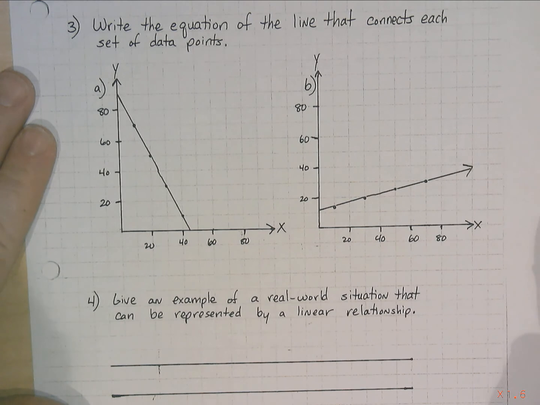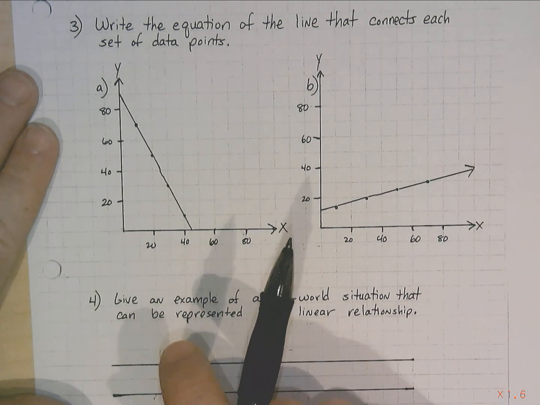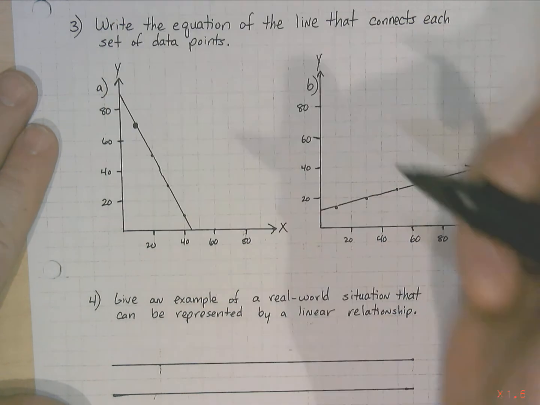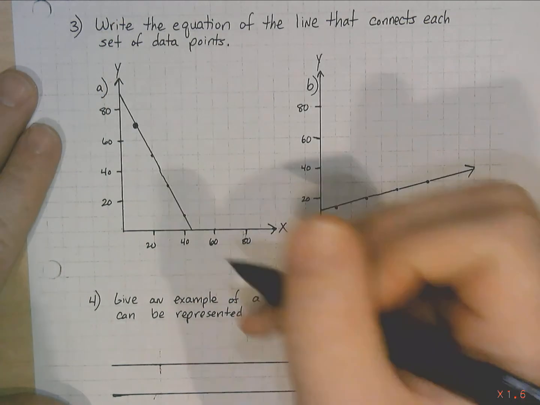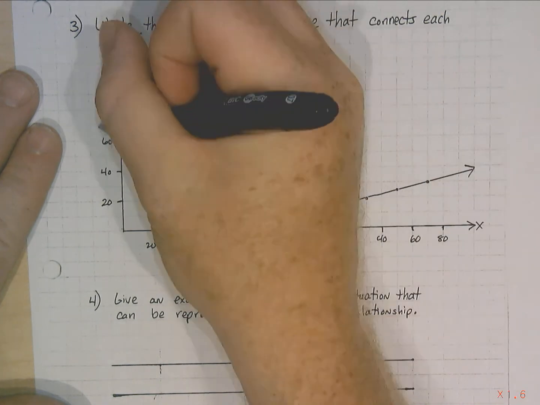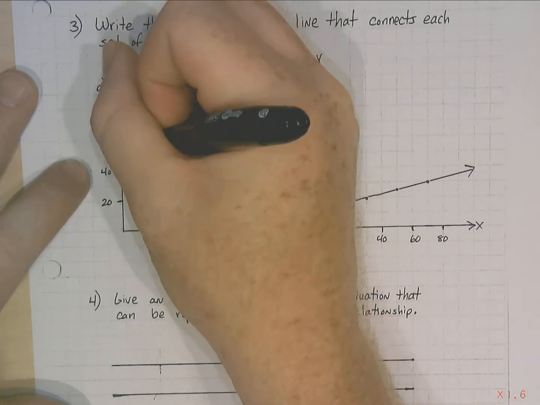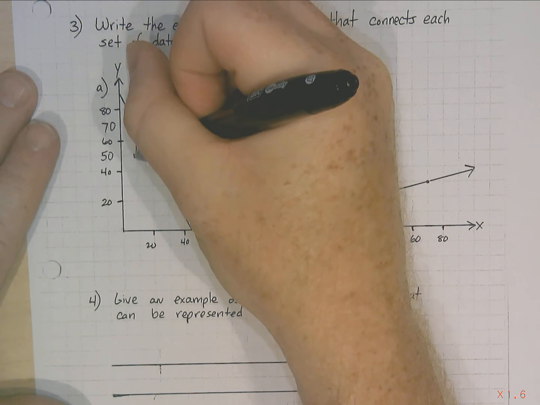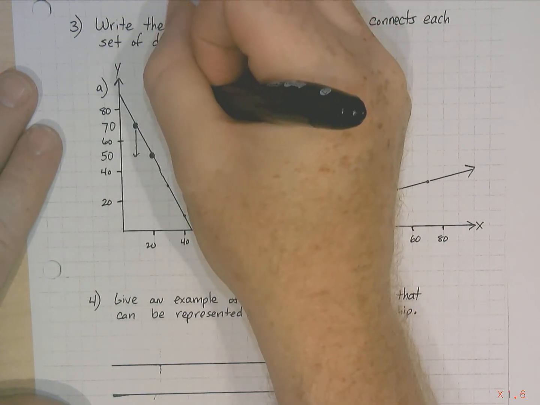So what I would do is I would pick 2 points that are easy to read. I would pick definitely this one because we definitely know what this is, and let's pick the next one. Why not? Okay, that one's easy to read. So it goes from 70 and it drops down to 50. That means it dropped down 20, right? So your rise is negative 20.